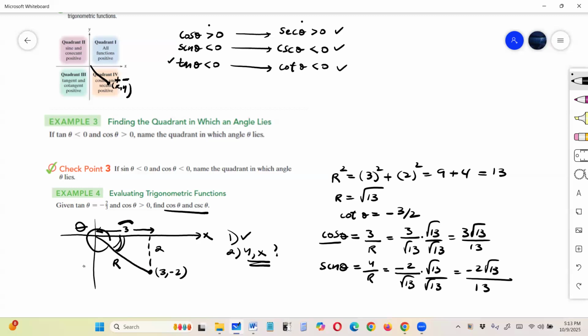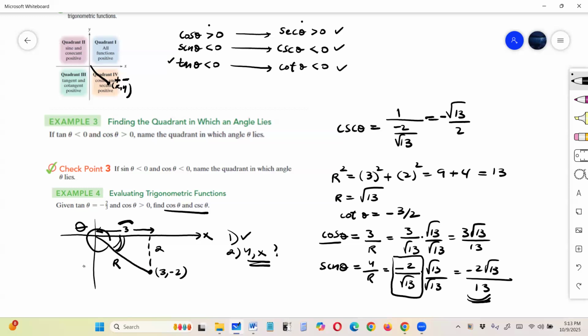So this is sine. Now, cosecant is 1 over sine. I'm not going to use this final expression, I'm going to use this one because I don't have to rationalize it again. So cosecant would be 1 over negative 2 over radical 13. Multiply by the reciprocal, and we get radical 13 over 2 with a negative. So this is cosecant.